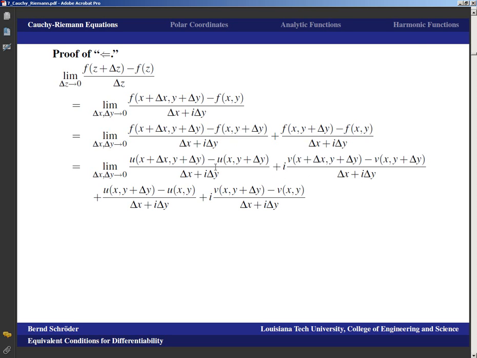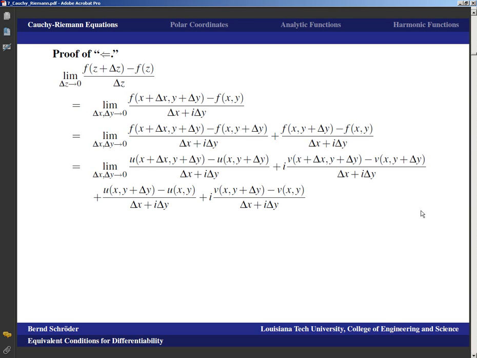And so that means this first line here, that's this first term, and f of x comma y plus delta y minus f of x comma y, that is u at the first argument minus u at the second argument plus i times v at the first argument minus v at the second argument, still divided by that thing. So this second line is just this second quotient all spelled out with the real and imaginary parts.